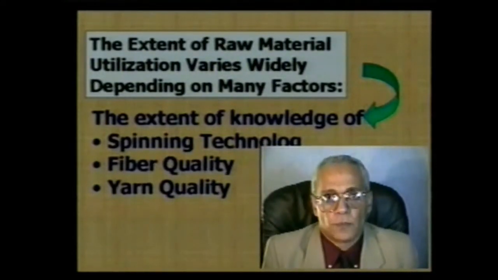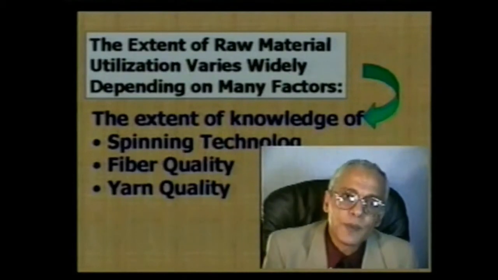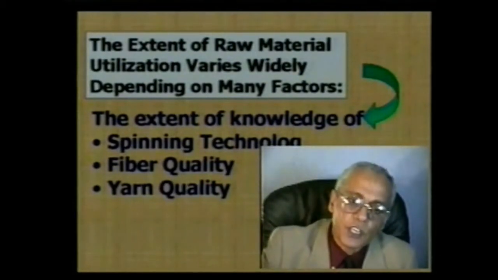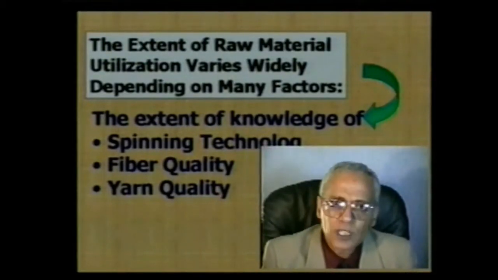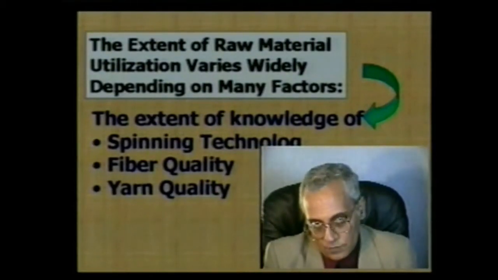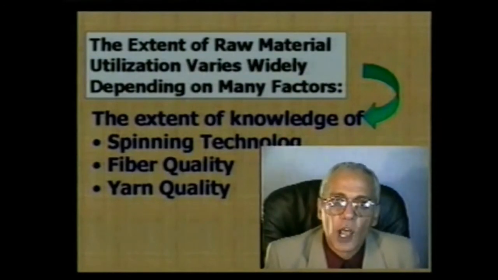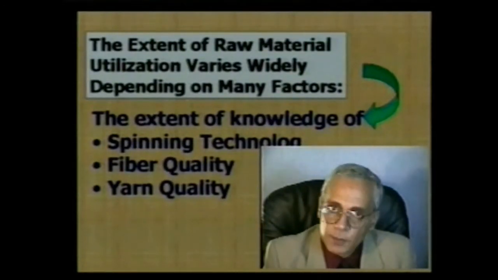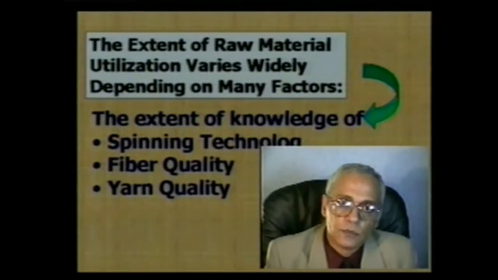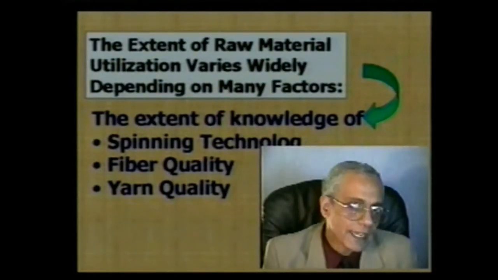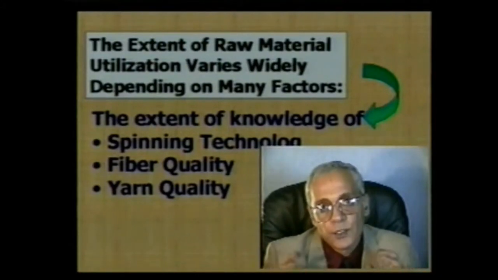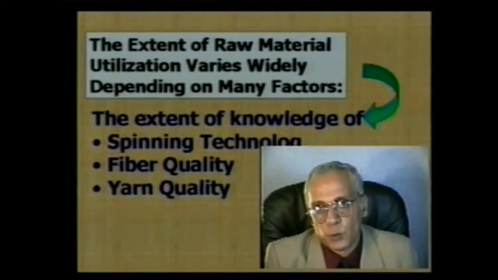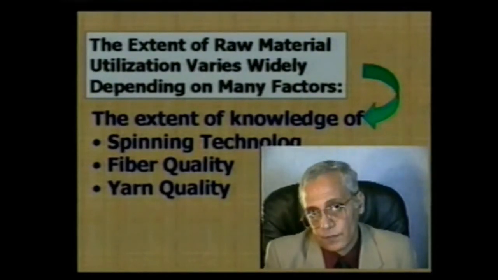It's very important that the spinner communicates with the cotton department, with the people that buy cotton, on what fiber attributes will provide an optimum yarn and an optimum processing performance. Very, very important. I cannot imagine a spinner today that has no knowledge of the fiber attributes and of the role of fibers in making a good yarn.